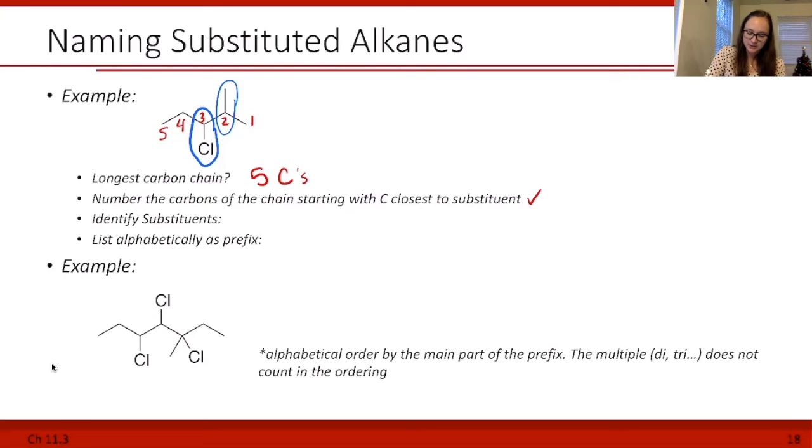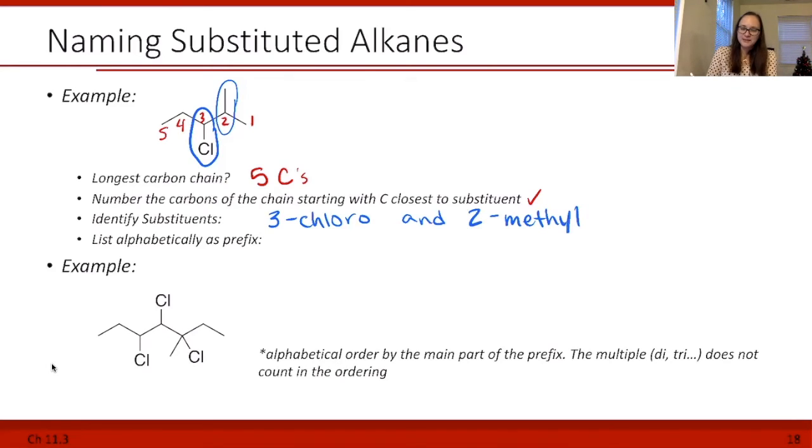Identify our substituents. So I'm going to go ahead and put their location and what their identity is. So I'm going to write, we have a 3-chloro and we have a 2-methyl. So remember that methyl means 1 carbon off of your main chain.